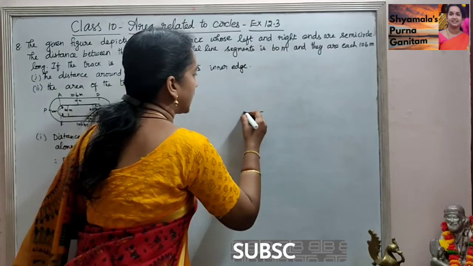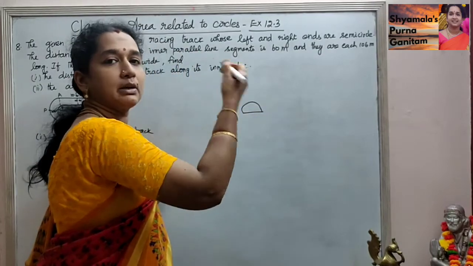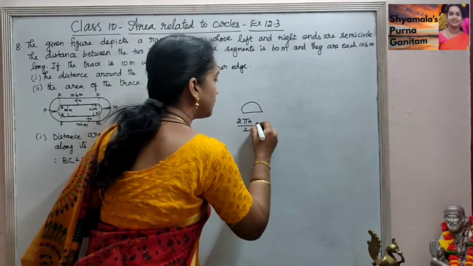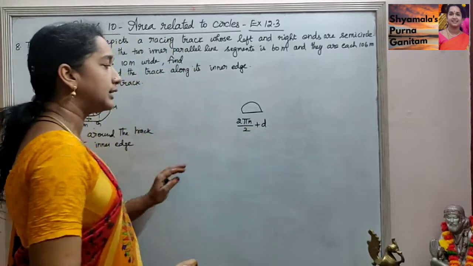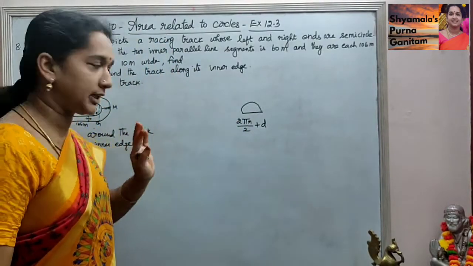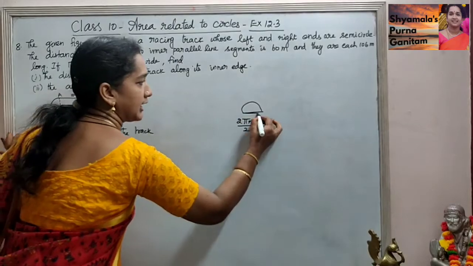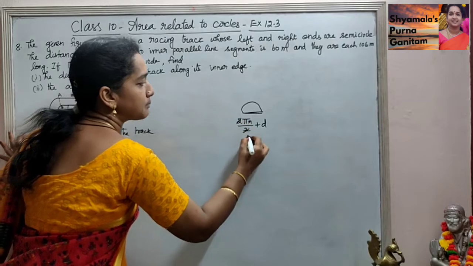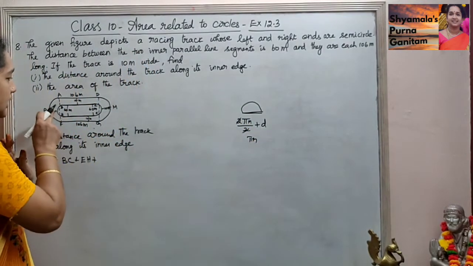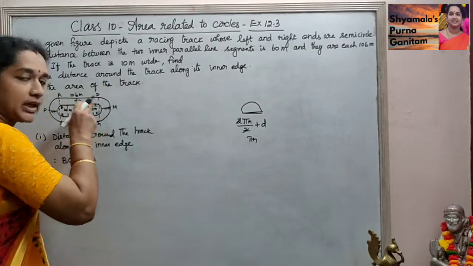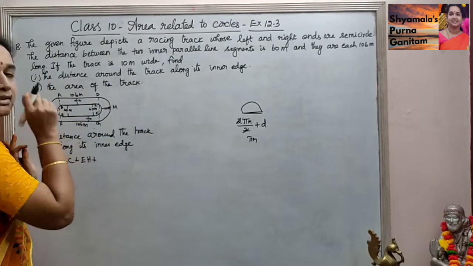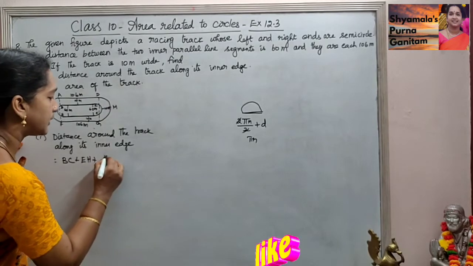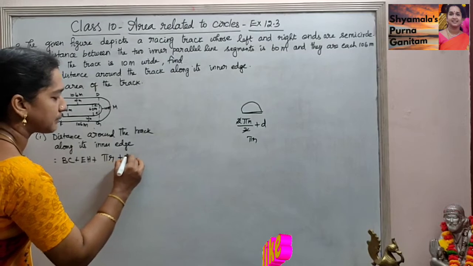The circumference of a semicircle would be 2 pi r by 2 plus the diameter part, but here we don't have the diameter part, only this circular part, so that is pi r. Like that, here also we have pi r, here also we have pi r. The diameter is given as 60 meter, so the radius is 30 meter. So pi r plus pi r.